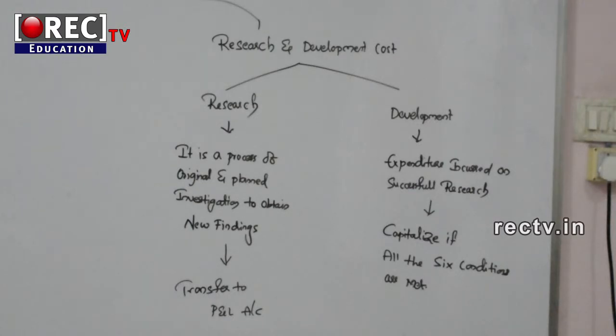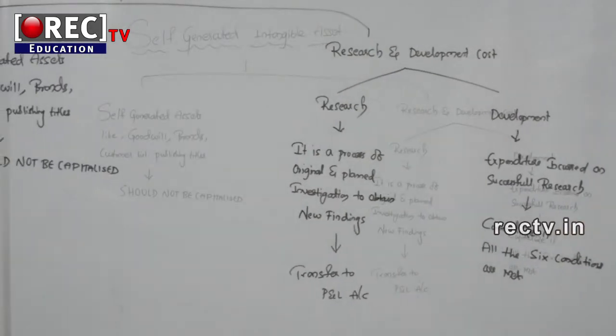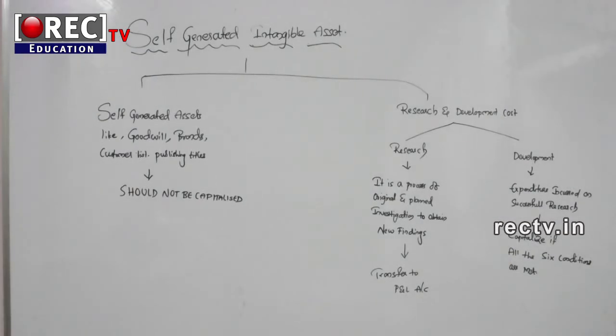Let us look once again at the whole chart before going through the conditions. The expenditure incurred during the research phase shall be transferred to the P&L account, since it is not possible to demonstrate future economic benefits at the time of incurring such expenditure. Because of this reason you book it in the P&L account.